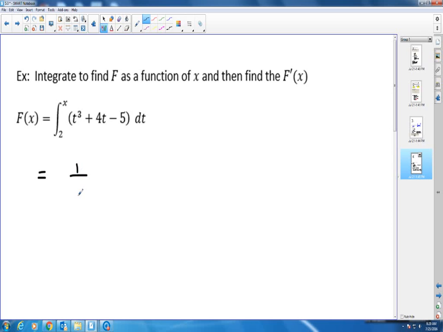That's 1 over 4, because the exponent got a plus 1. T to the 4th power minus 4 times, this is 1, bring the exponent up by 1, that's 2, and if I reduce it, that would be 2t squared minus 5t. And I'm going to evaluate it from 2 to x. Check this one out. This one is actually easier than the other one.